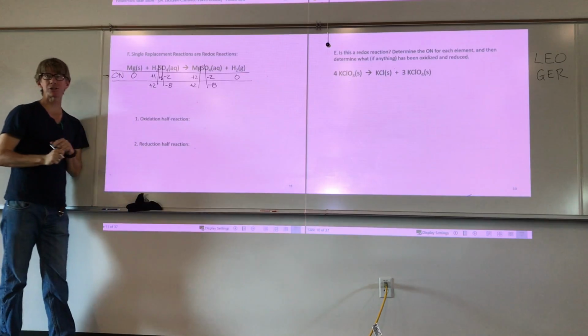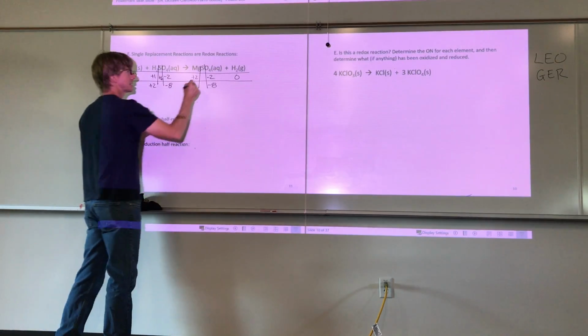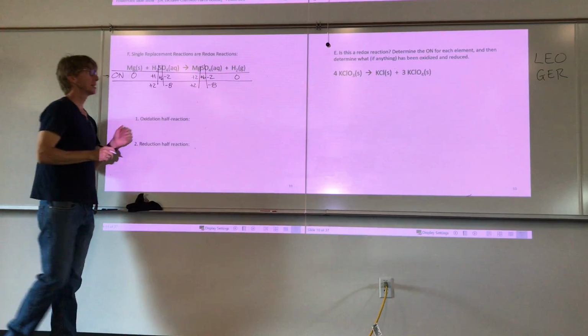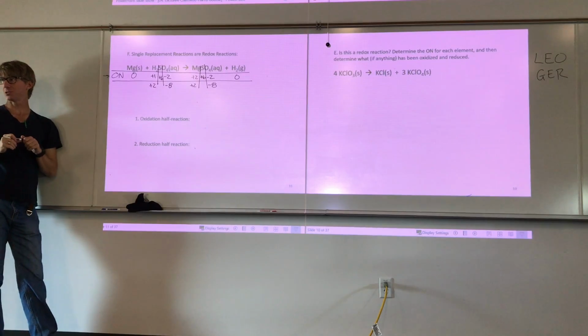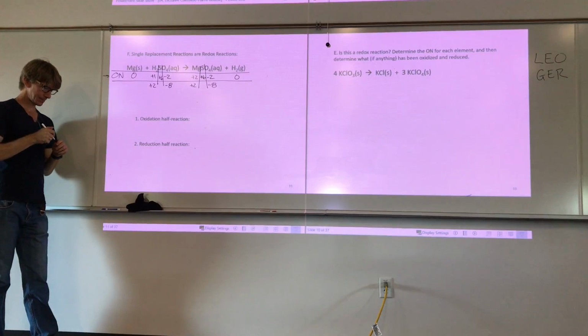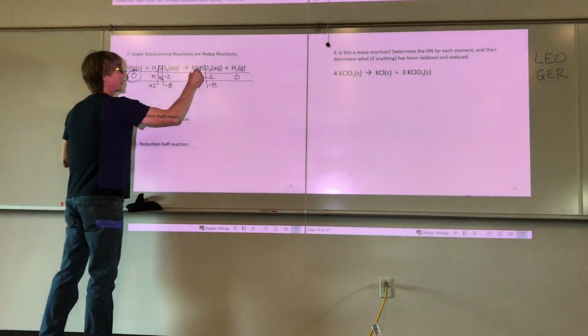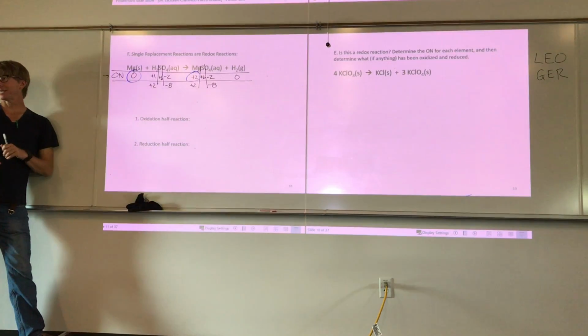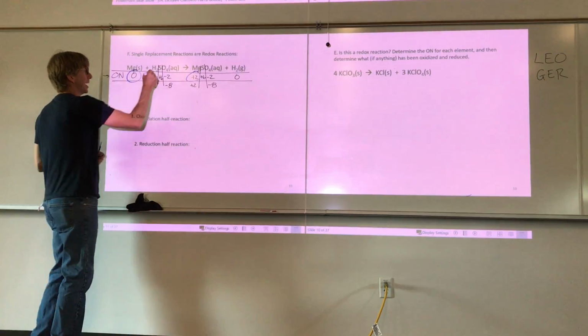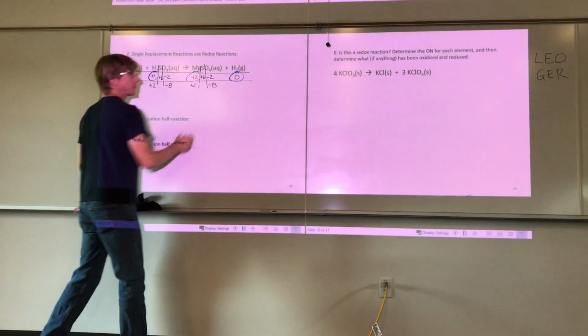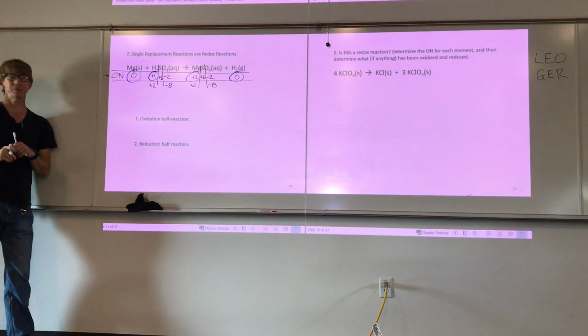I have 4 oxygens again, and I have +6 for sulfur. The sulfur is not being oxidized or reduced. Magnesium is definitely changing oxidation number. Hydrogen also changing oxidation number.